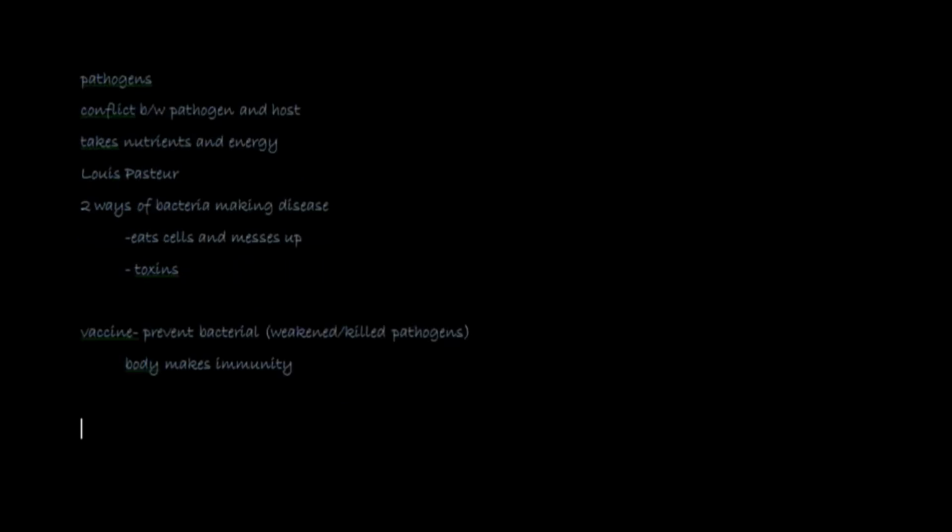But if you already have the disease, then the vaccine won't work. You have to use antibiotics, and antibiotics block growth and the reproduction of bacteria.